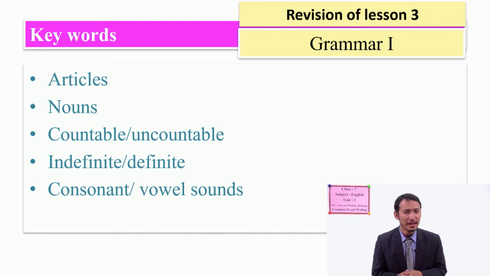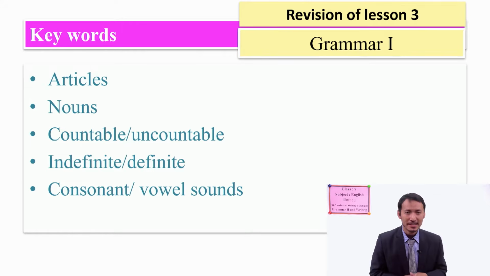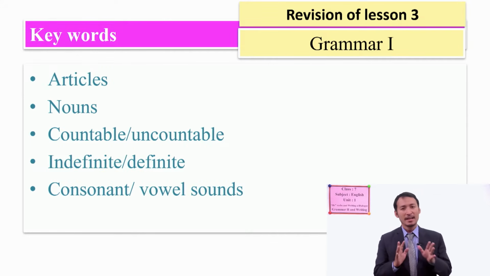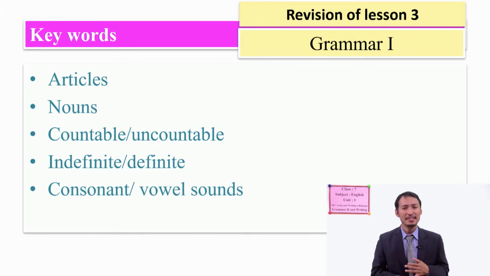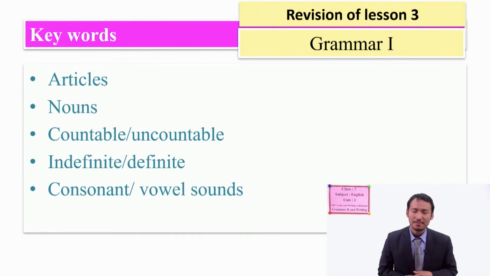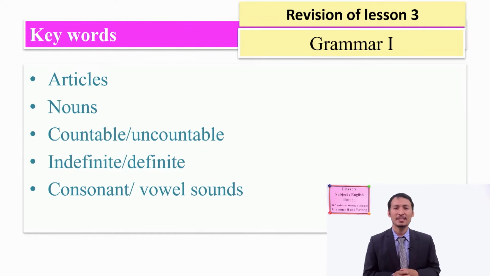Consonant letters from the alphabet, A, B, C, D. Yes, except A, E, I, O, U. The other letters are consonant letters and they make consonant sounds, and the vowel letters like A, E, I, O, U make vowel sounds. These are the vowel sounds. Okay students, so these were the things that we learned in our previous lesson.